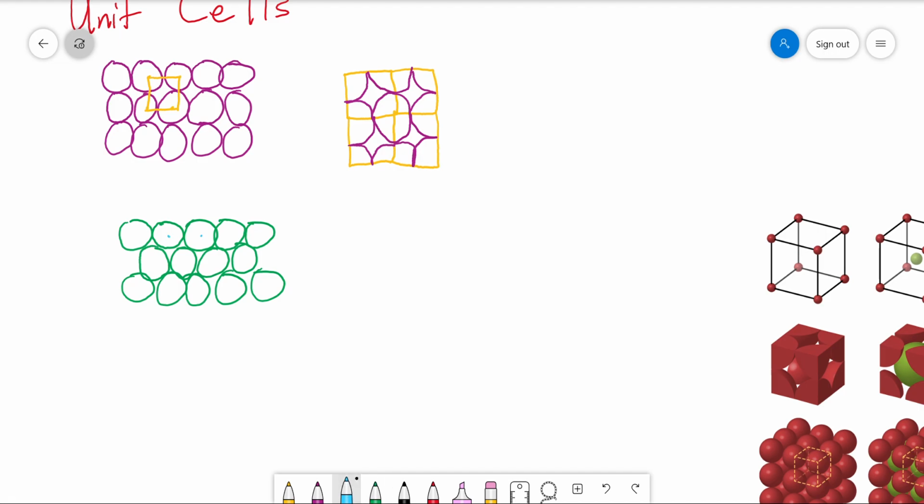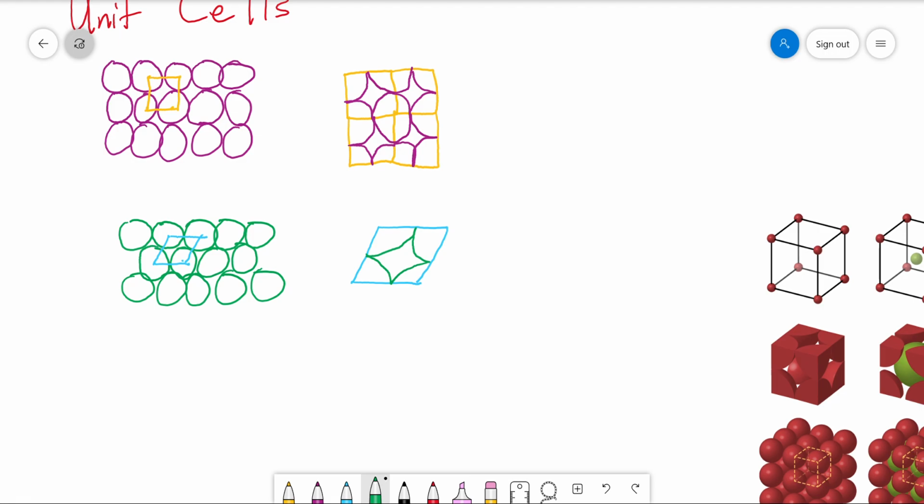And this unit cell is very similar, but it looks like that. So if we reproduce it over here, it just looks like this. Okay. And then again, we can draw that unit cell over and over and over again, and we can recreate the way those pennies are stacked.